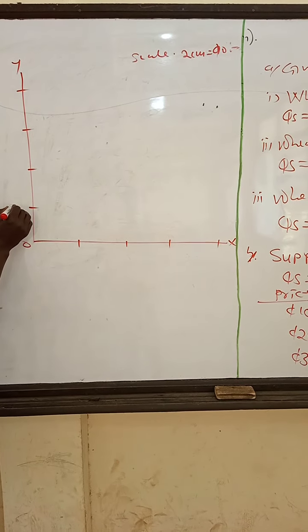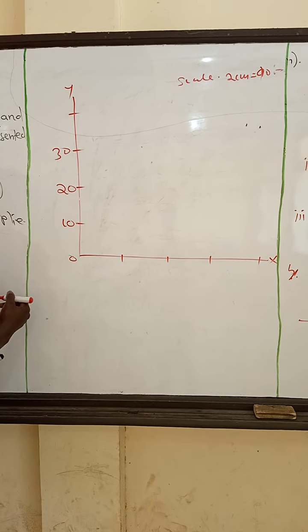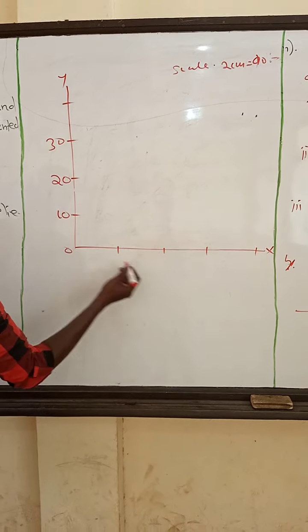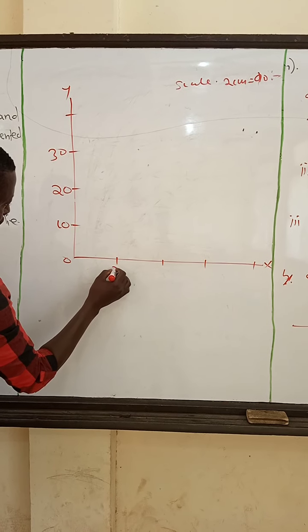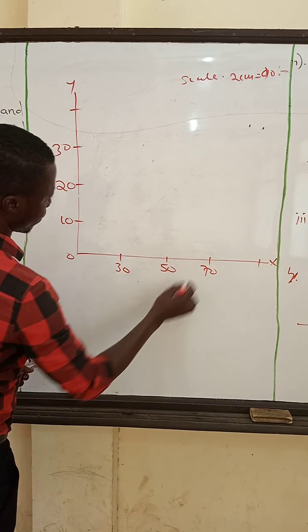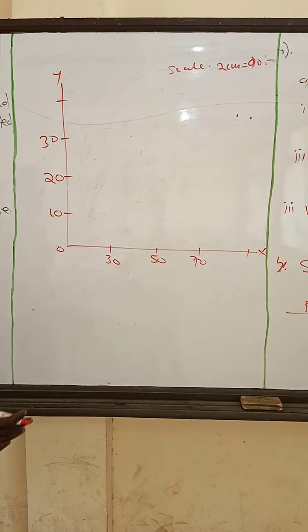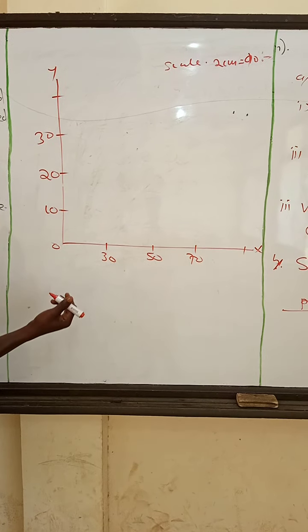So this is going to be 10, 20, 30. And then the quantity aspect, I have, let me say, 30, 50, 70. I'll take my time and draw it later on a graph sheet. This is just a sketch. Now we go.